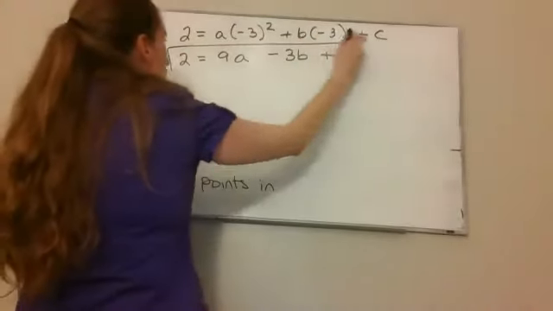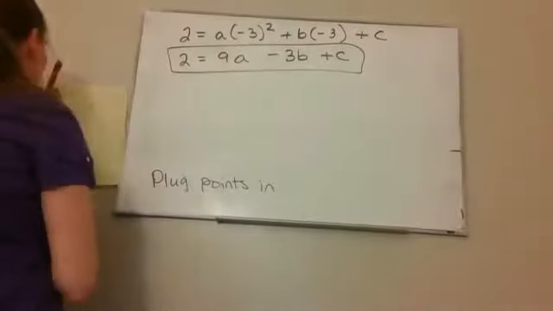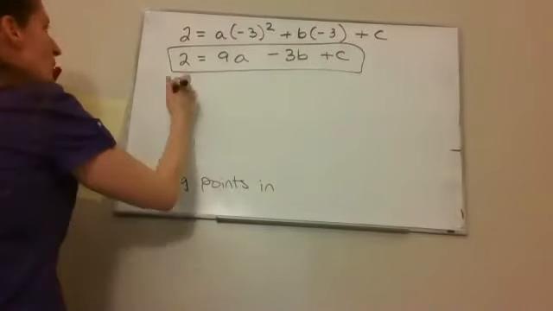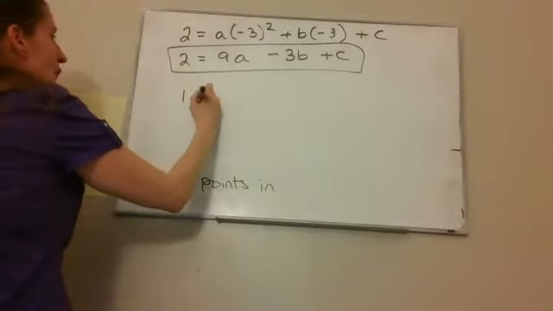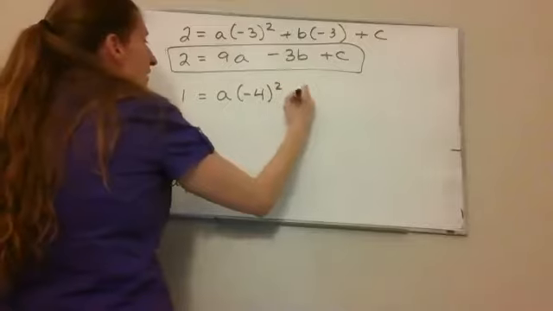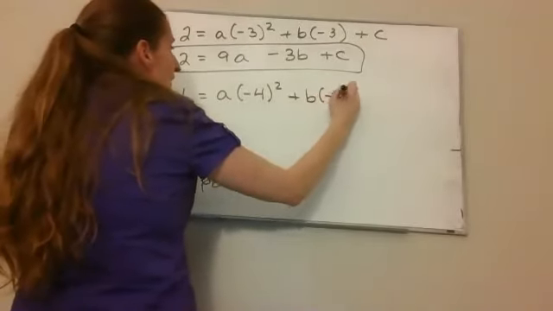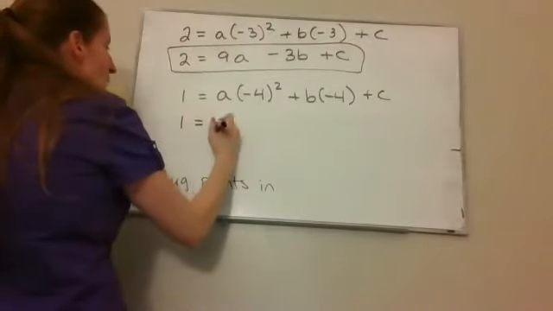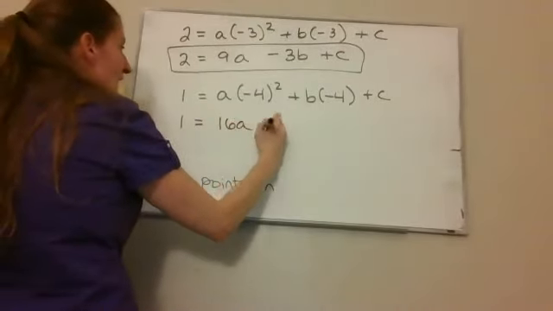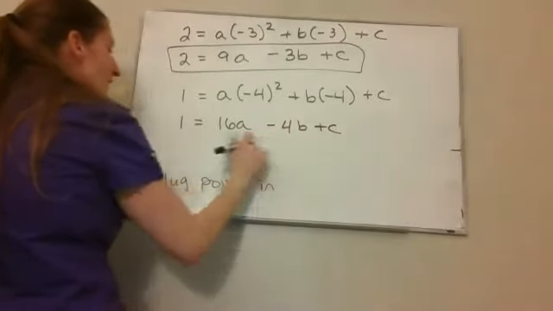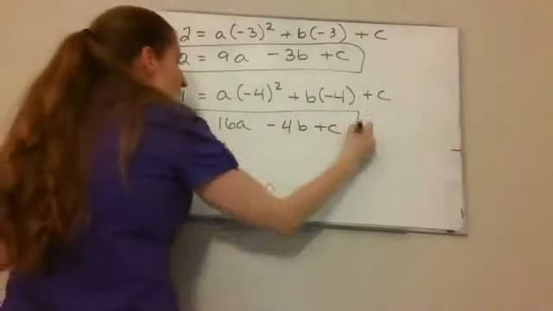That is one of my equations. Now let's plug in our next point, -4, 1. That gets me 1 equals a times -4 squared plus b times -4 plus c, which simplifies to 1 equals 16a minus 4b plus c. And there's equation 2.